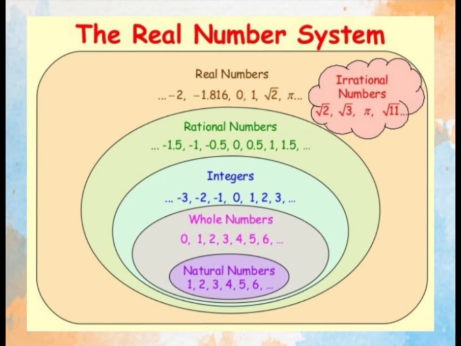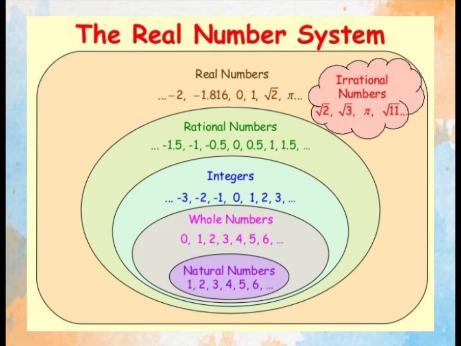Summary of the real number system. Expanding the notion of what we mean by the word number. At first, number meant something you could count, like how many sheep a farmer owns. These are called the natural numbers, or sometimes the counting numbers: 1, 2, 3, 4, 5, 6 to positive infinity.